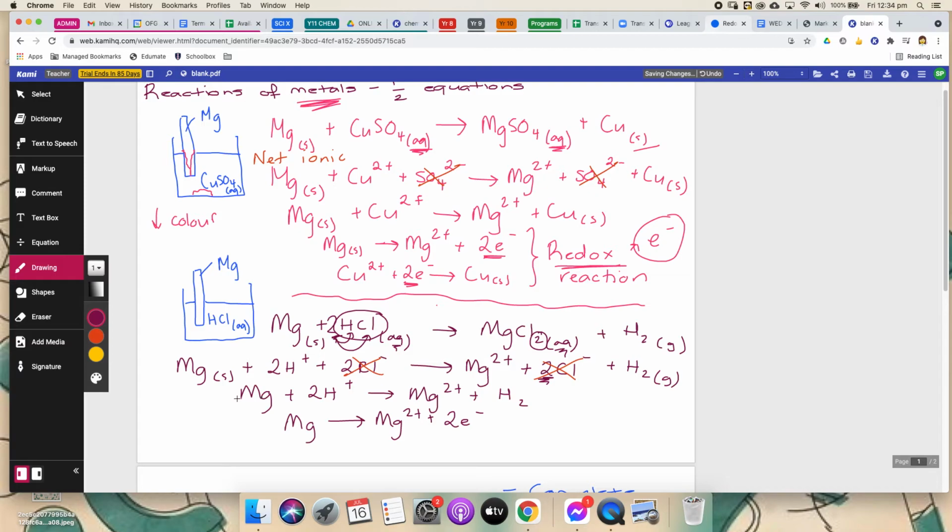Okay, general rule of thumb. When it's going from a solid to an ion, it's getting rid of electrons. If there's only one metal in the equation, it's the metal that's getting rid of the electrons. Then we've got 2 H pluses. If the magnesium's gotten rid of 2 electrons, that means the hydrogen has gained 2 electrons. And it's forming H2. And we're all nicely balanced.